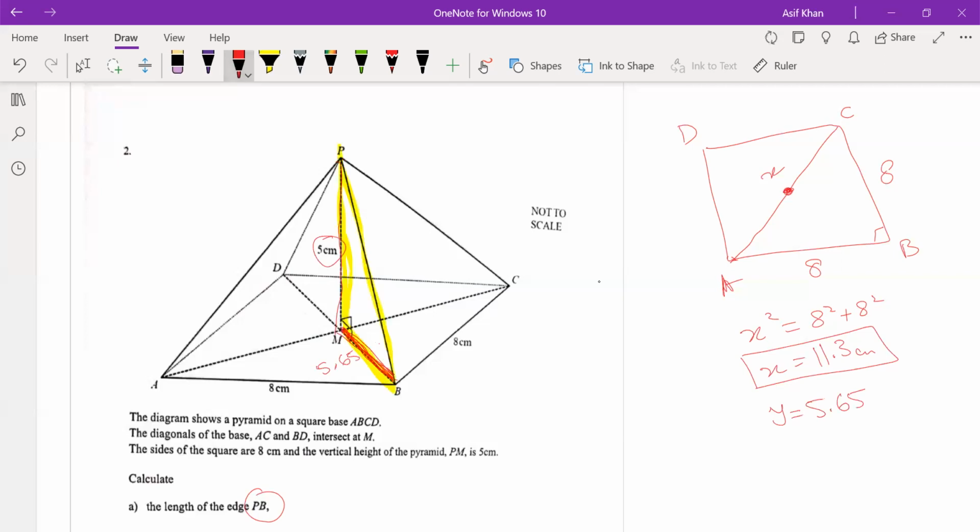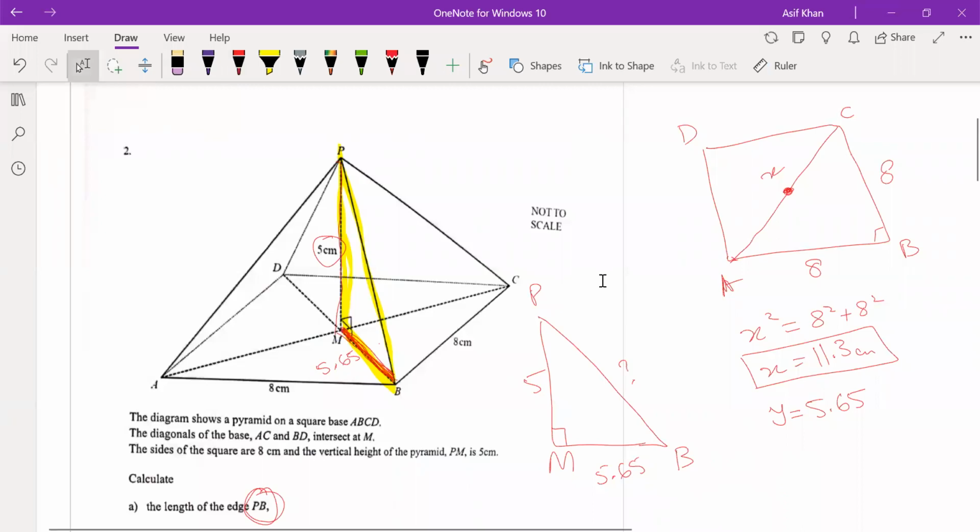I am taking the front view of this triangle. This one is M, this one is top point P, this is point B. Here is 90 degrees. This side we just calculated 5.65, maybe with some decimal error, and this side is 5. So what is being asked? The side PB, this side you have to calculate.